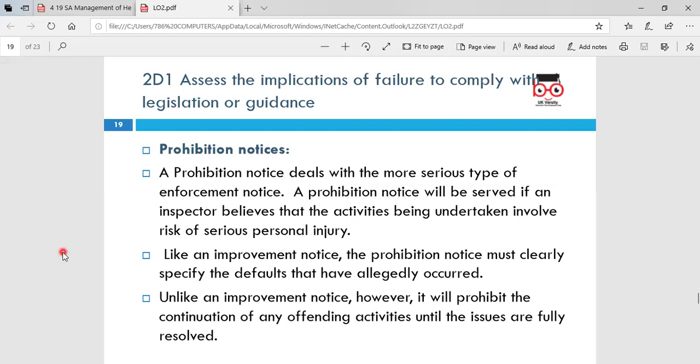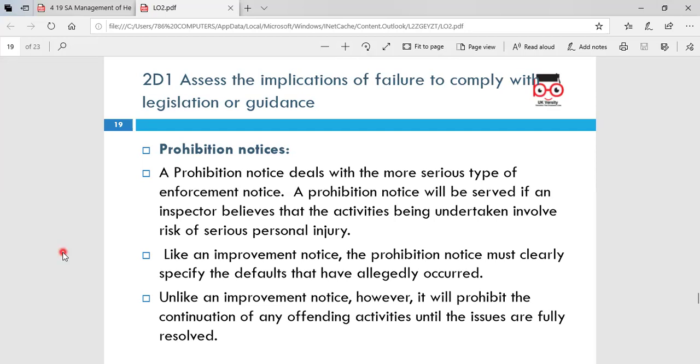Like an improvement notice, the prohibition notice must clearly specify the defaults that have happened. And just like an improvement notice, it will work towards improvement, but it will prohibit the continuation of any offending activities until the issues are fully resolved.